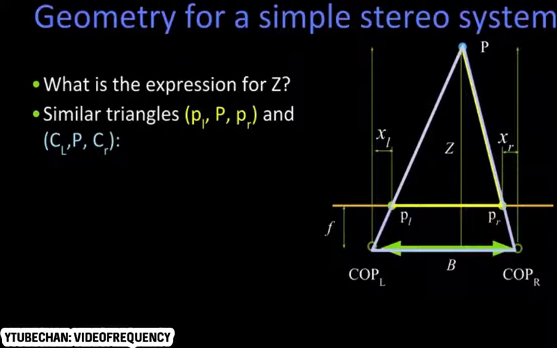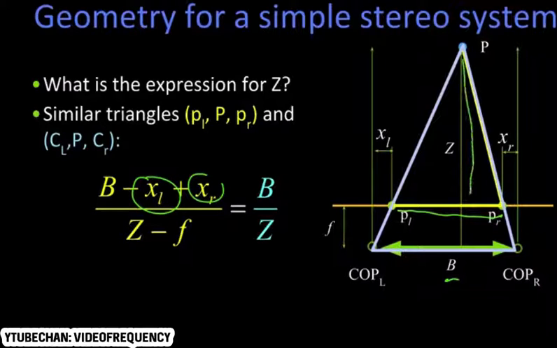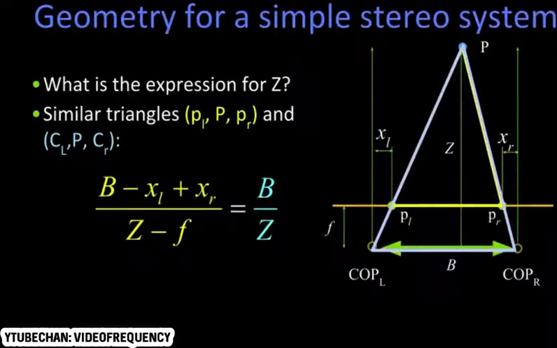Well, we now have two similar triangles, so we can write down what the relationship is between the edges, namely that B minus these distances, so that's going to be this distance, is to this distance, which is just Z minus F. That's the same proportion as the total baseline B, I'll draw it here, is to the total Z. Those similar triangles give us that relationship.